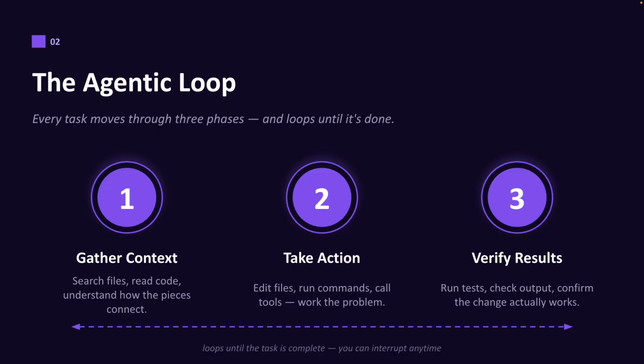Next, it takes action: editing files, running commands, and calling tools. And in the end, the third one is verifying the results, including running tests, checking output, and confirming the changes work.